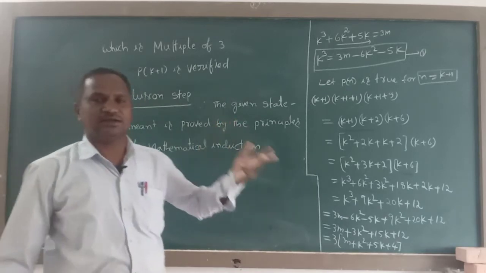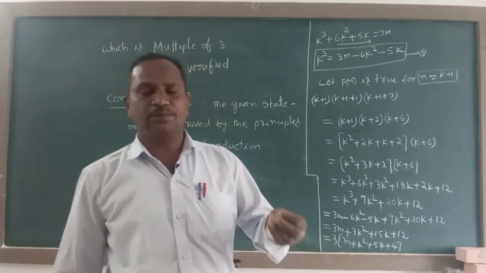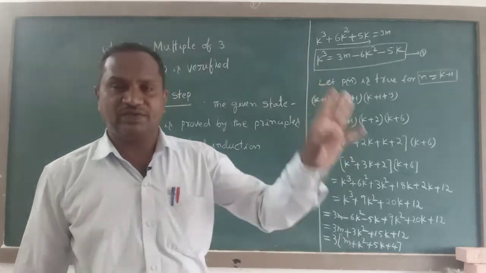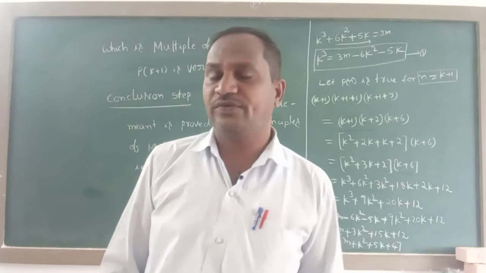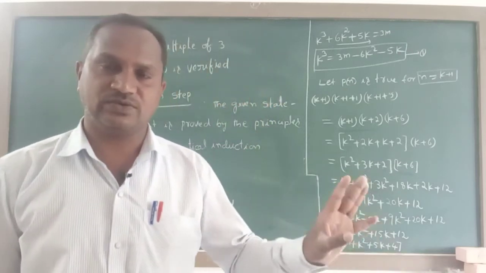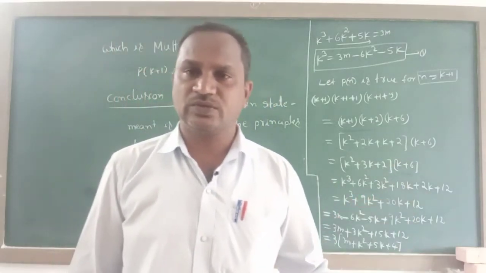But the pattern is different. Before this, in previous questions, we verified the basic step with n is equal to 1, and in the induction step we verified with n is equal to k and n is equal to k plus 1.